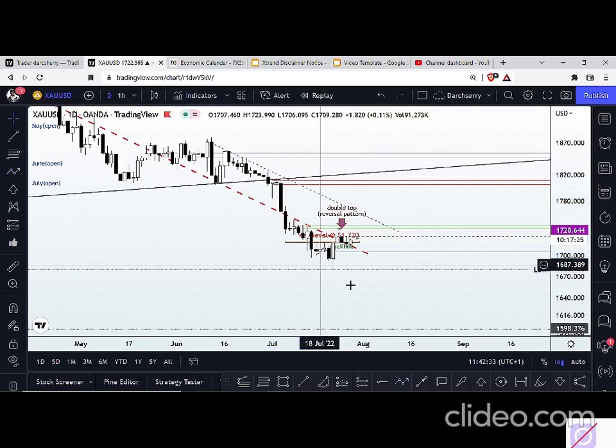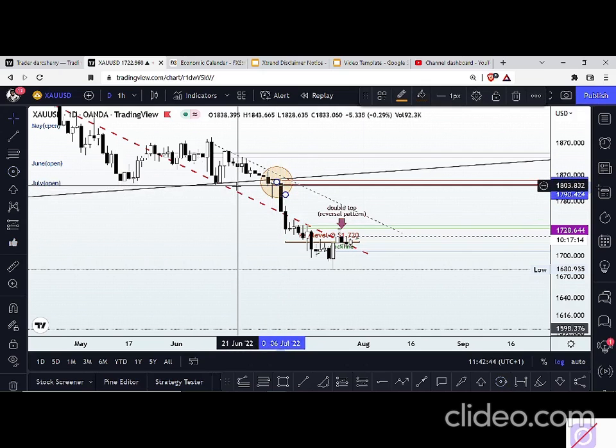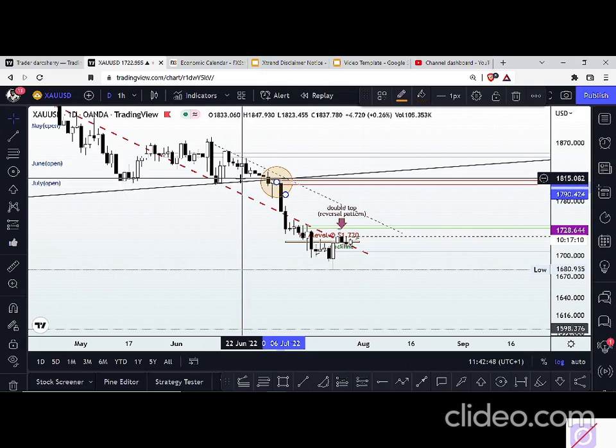Now, if we understand our technical perspective very well, we all know that after a breakdown or breakout of a structure, we expect price to come back to do a retest of that structure to give us further confirmation to join the prior leading price action.